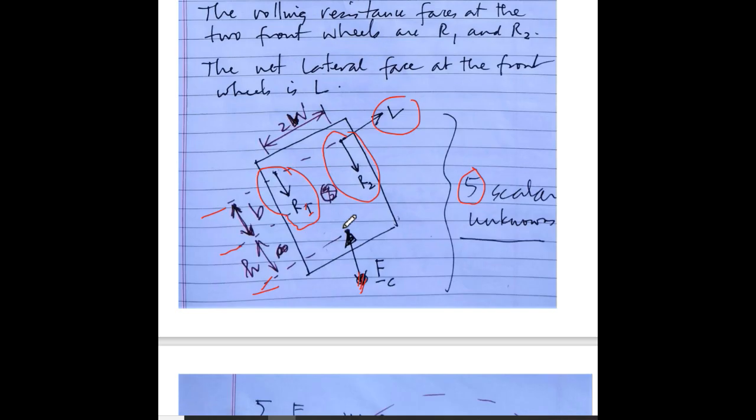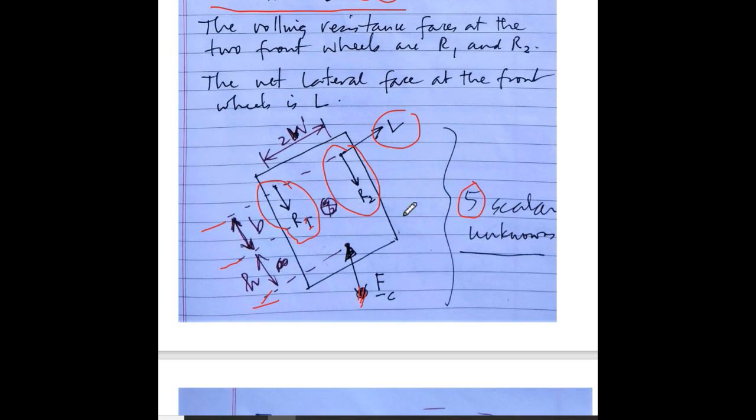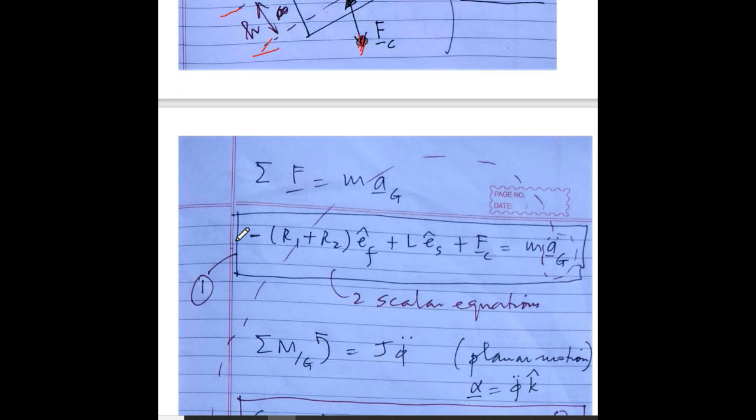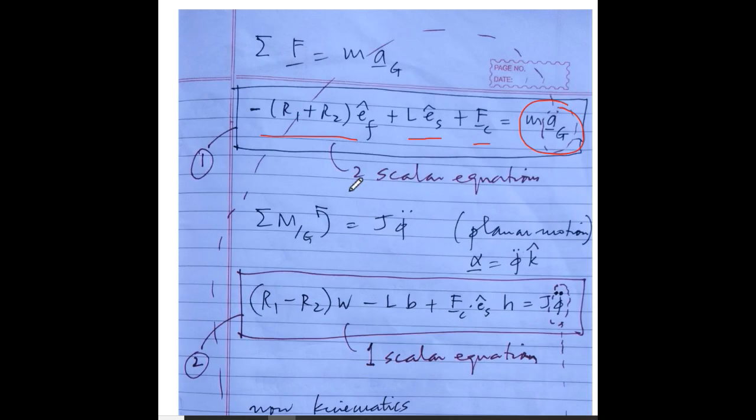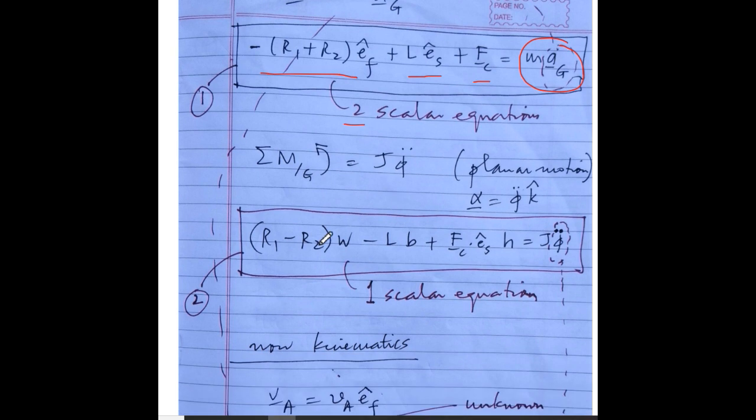Now, when I take these forces and write linear momentum balance in the horizontal plane, I have the two wheel forces that are backwards, the sideways force and this force. These are all the horizontal forces. This is mass times the acceleration of the center of mass. This is a vector equation in 2D, so that's two scalar equations.